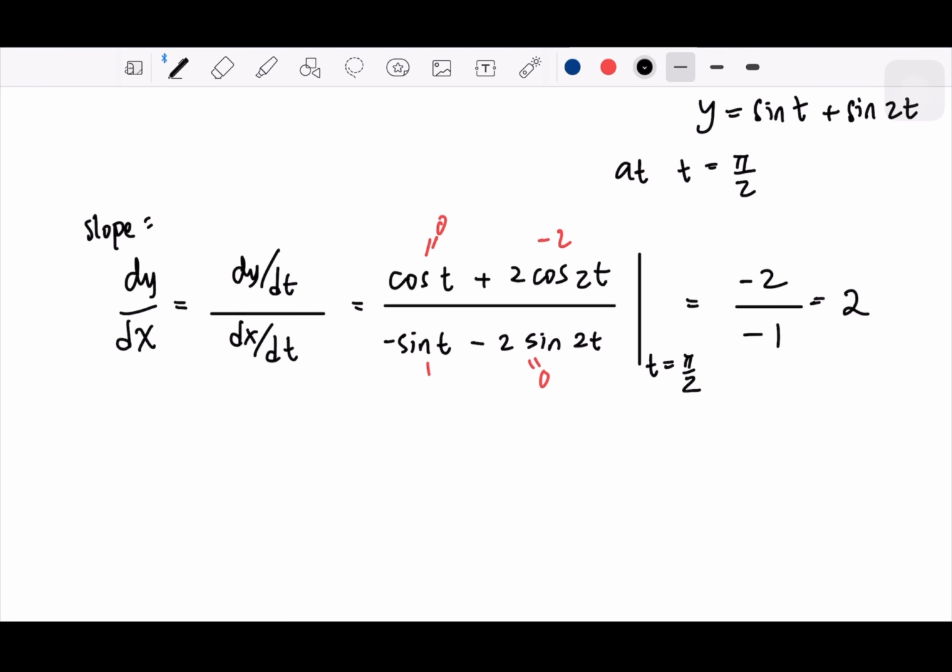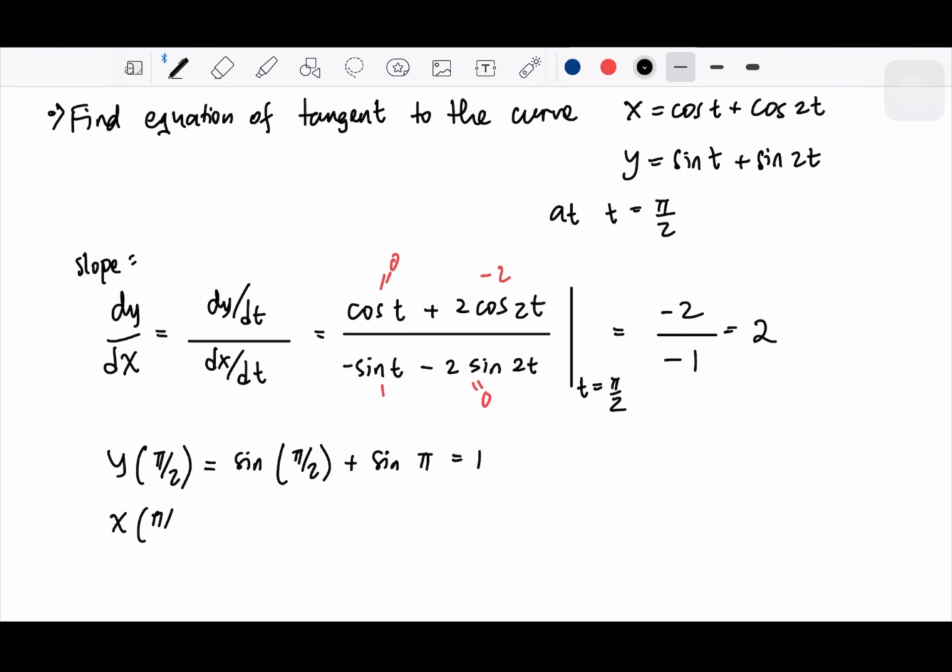Then we can take the y at t equal pi over 2. This will be sine pi over 2 plus sine pi, so y is 1. And x at pi over 2 is 0 plus cos pi, which is negative 1, right?